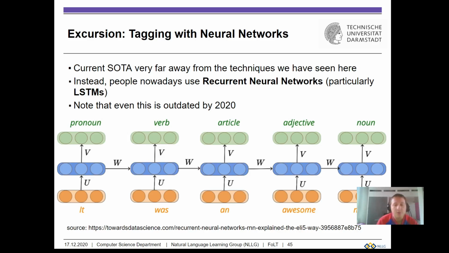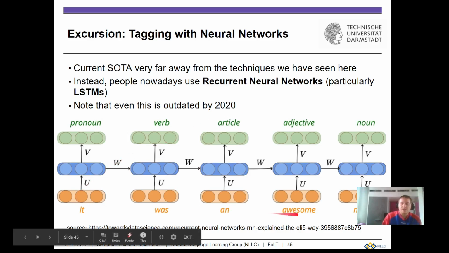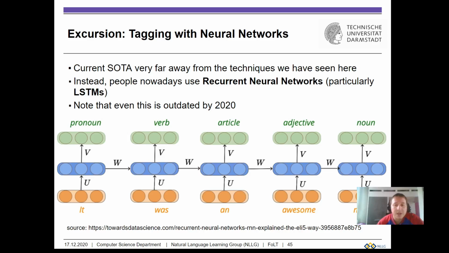Here we have a sentence as input: it was an awesome movie. We would first represent each token in this sentence by a word vector. We have seen these word vectors already in the lecture about synsets, lexical resources and WordNet, where I briefly introduced those vectors.